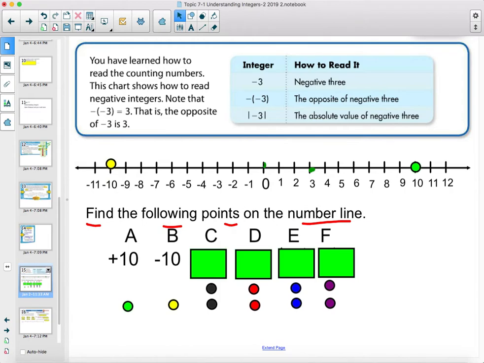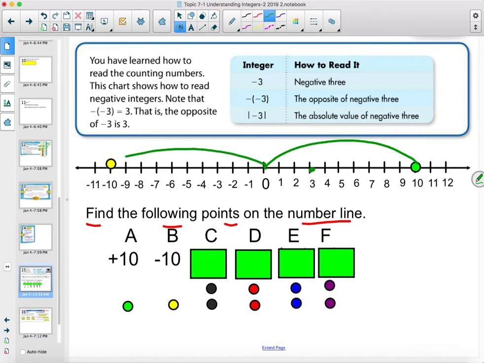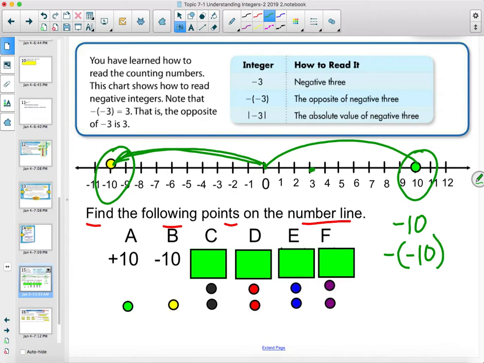Good. Notice how these are the same distance from 0. 10 units, 10 units. So this is the opposite of this. If I said to you, find negative 10, you'd know to go here. If I said, find the opposite of negative 10, you would see there's 10 units, the opposite would be 10 units into the positive.